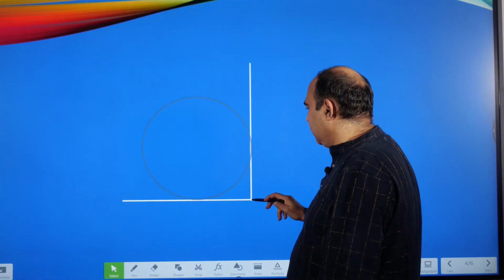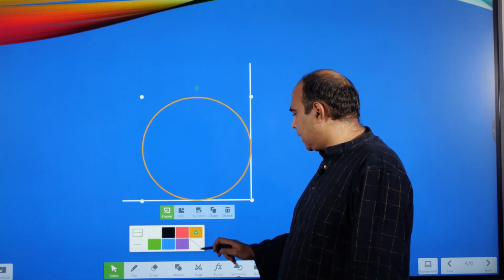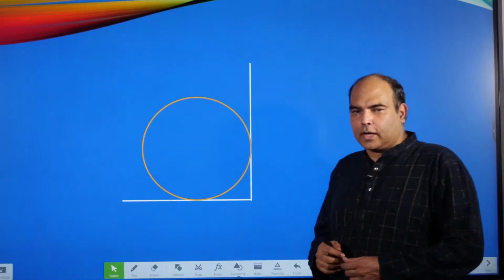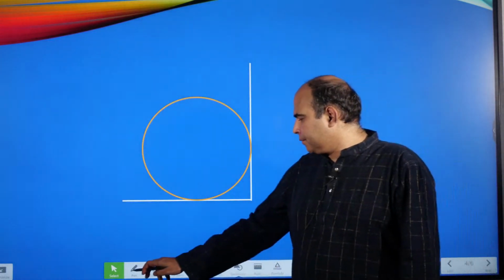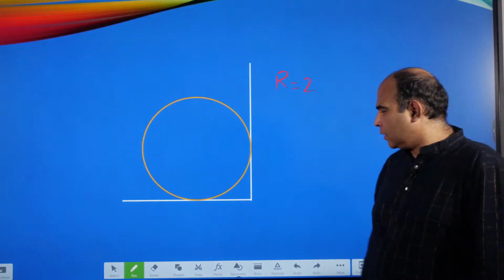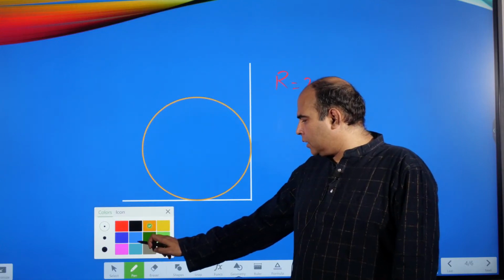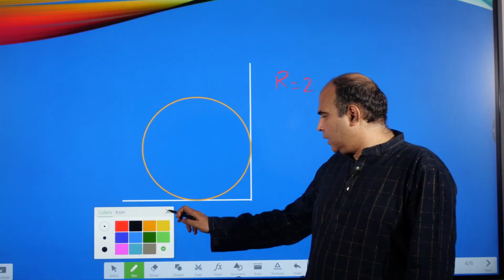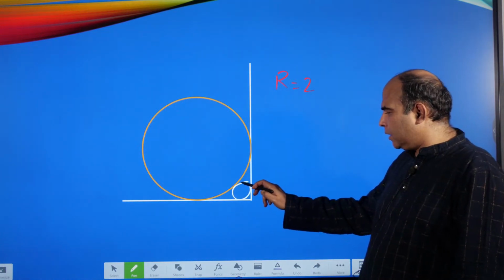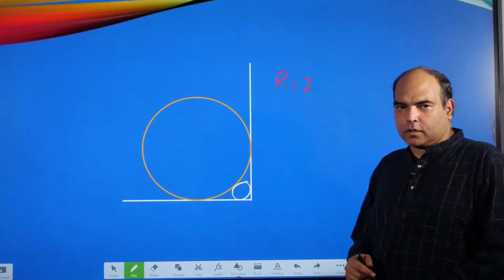So there's this circle which has a radius of 2 and it's touching the right angle. This is what the picture looks like. And then what they have done is they have inscribed a smaller circle in the area between this and that. They've inscribed this smaller circle in this area, and then they're asking you what is the radius of the smaller circle.